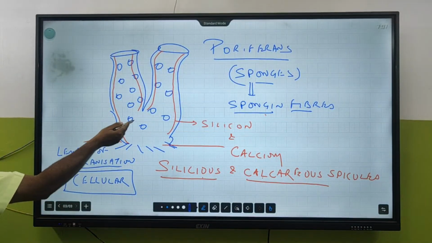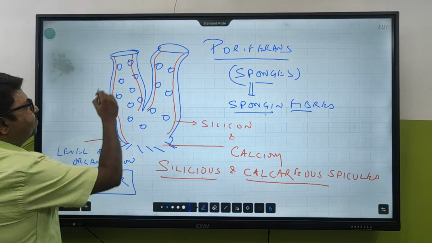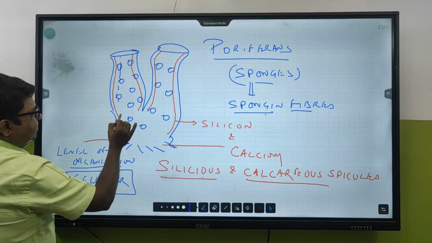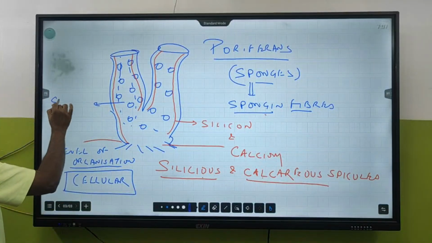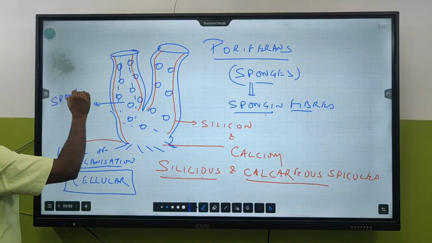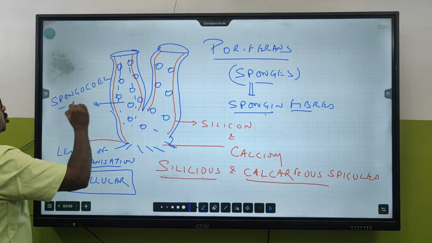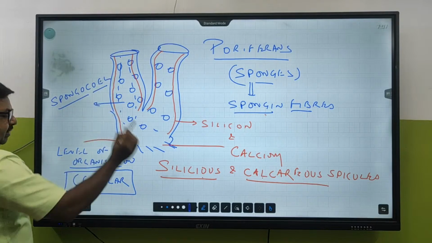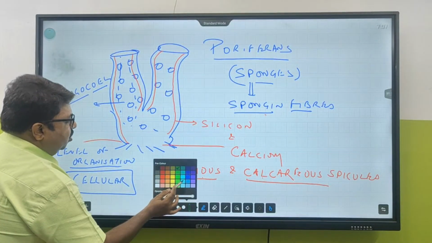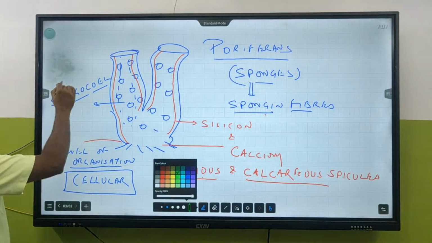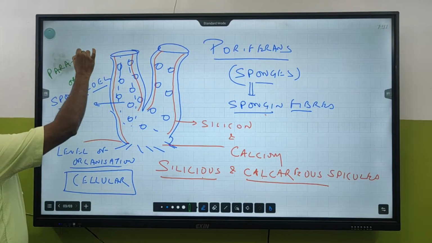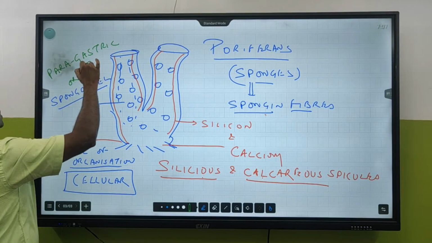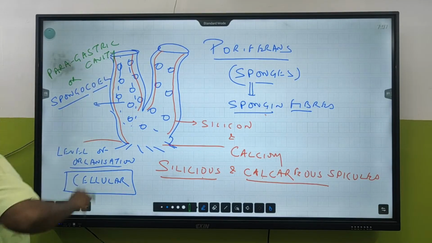Think about the coelom. Do they have any coelom? They have a body cavity. The cavity that you can see inside is a hollow, and this hollow structure is called spongocele, which is also called paragastric cavity.